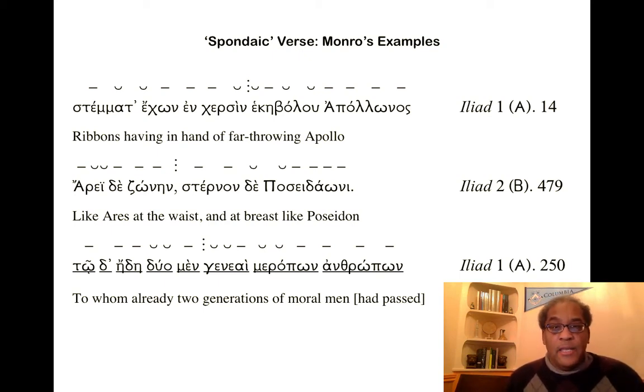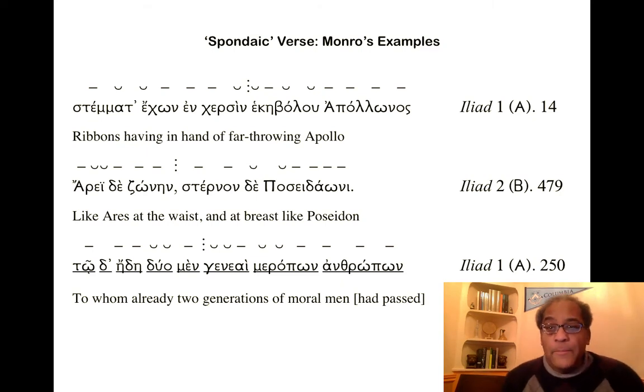This is where the poet is describing Agamemnon's appearance as he marshals the army onto the field for the first battle: like Ares at the waist, at the breast, like Poseidon. And you see these datives, Arei, Poseidaone. These are datives used to be like something, plus the dative. That something gets in the dative.